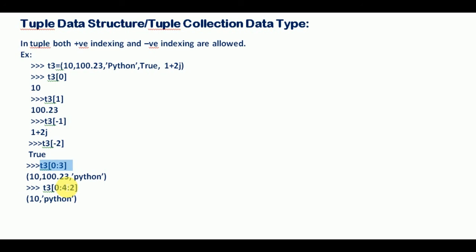Now if we talk about T3 of 0, 4, 2: here 0 is the starting position, 2 is the step, and 4 is the end position. Maximum 4 values can be read out, but here we have only 2 values, so 2 elements of the tuple would be printed.